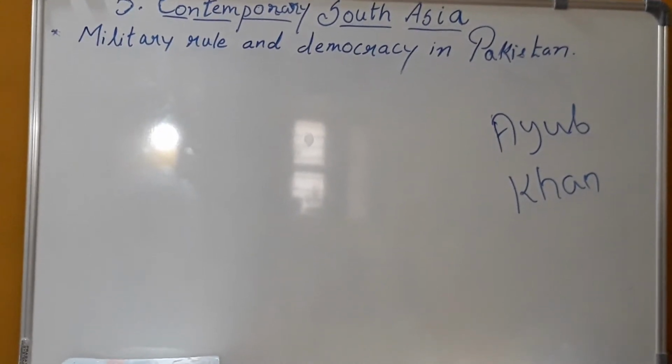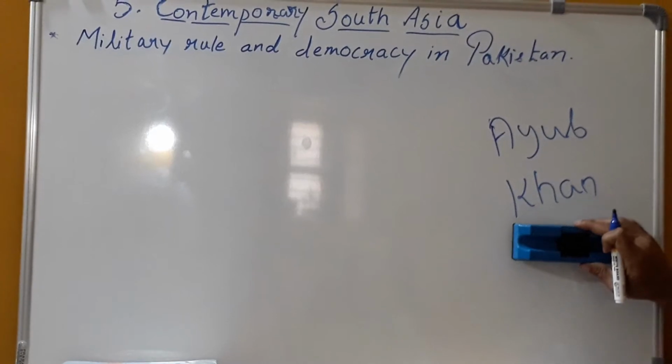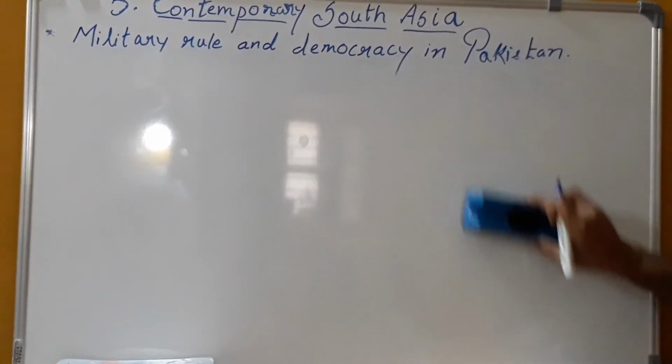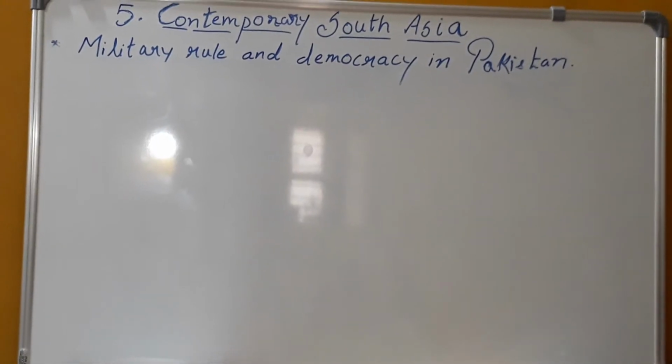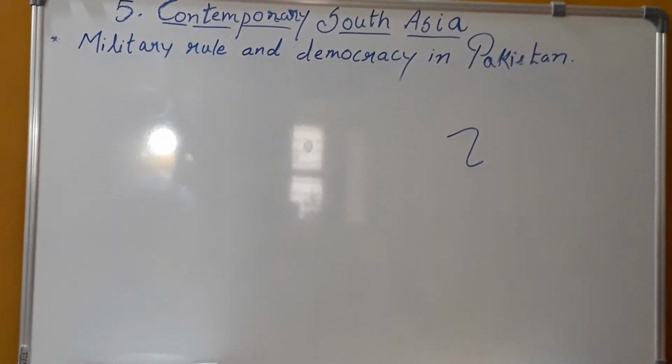Again there was popular dissatisfaction against Ayub Khan's rule, and the advantage was again taken by another army general, that was Yahya Khan.